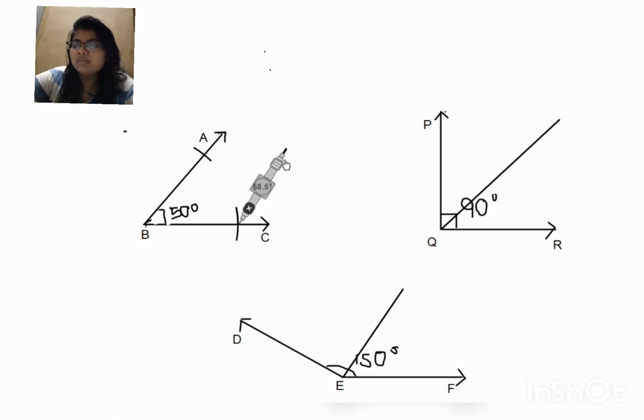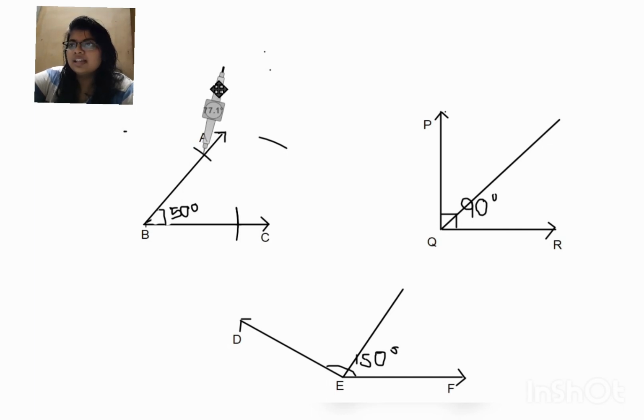As you can see on my screen, please follow these instructions. Now again I repeat the same procedure for the arc that I created on arm AB of the angle. Now I will make sure that these two arcs intersect each other.